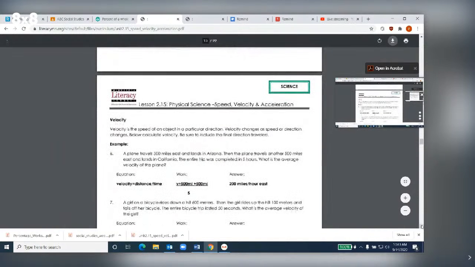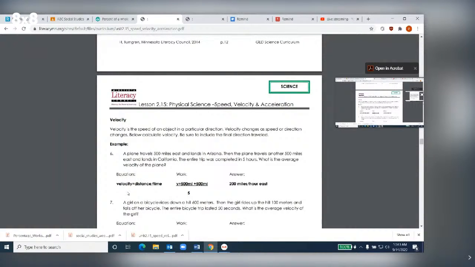And then for velocity, you're going to add the distance and divide it by the time. So distance plus distance over time is going to give you your velocity. It's right here. Velocity equals distance divided by time.